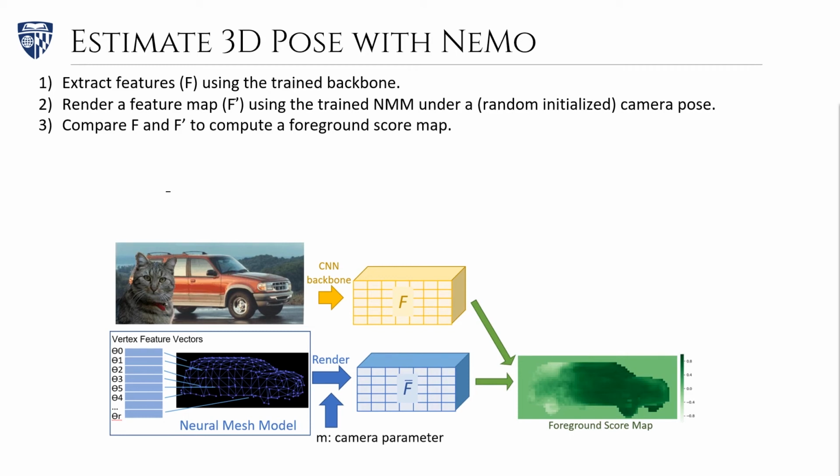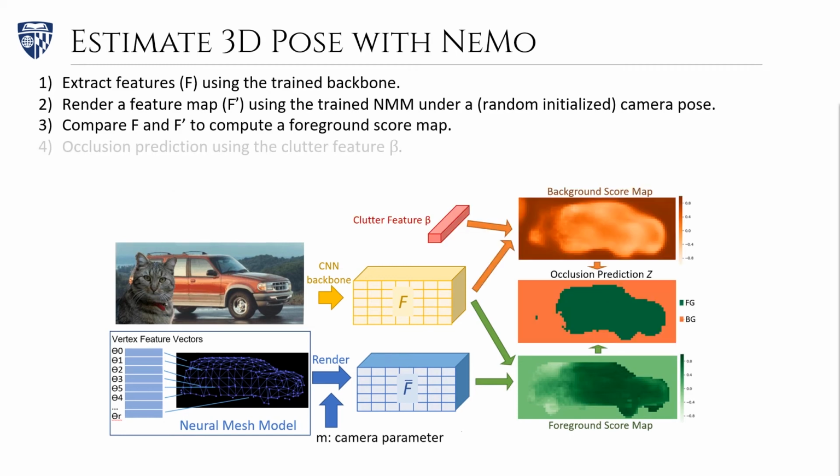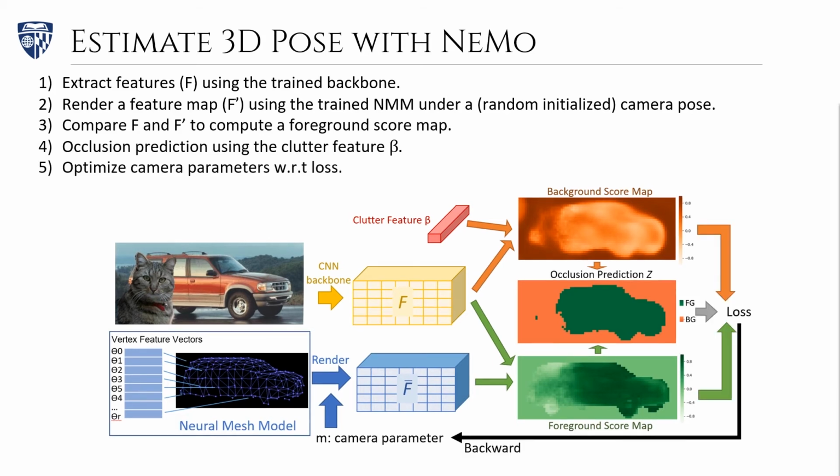Third, we calculate an object score using these two feature maps. Similarly, we also calculate a background score using the clutter feature obtained from the training stage. And then we calculate a reconstruction loss and use the gradient to update the camera pose. Finally, we just repeat step 2 to step 5 about 300 times.